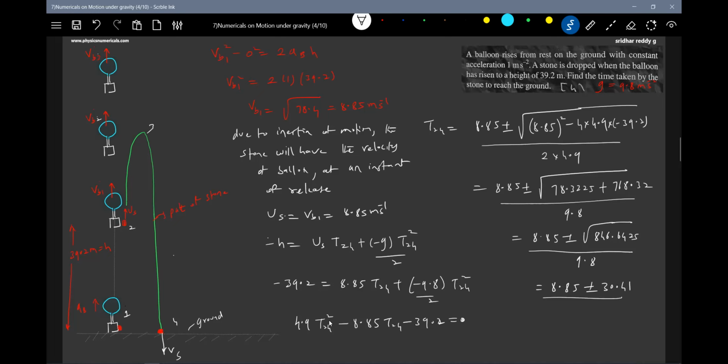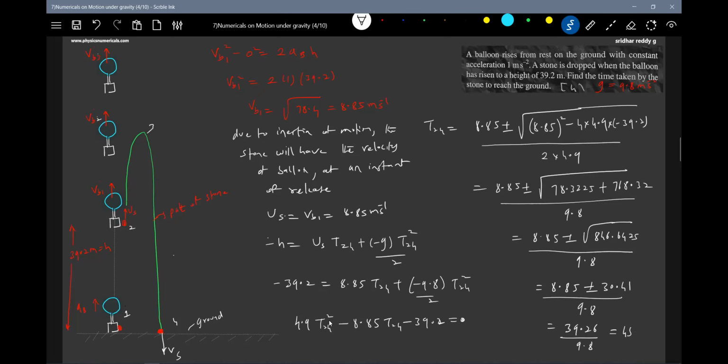Time cannot be negative. So therefore this will be plus 8.85 plus the square root, divided by 9.8.